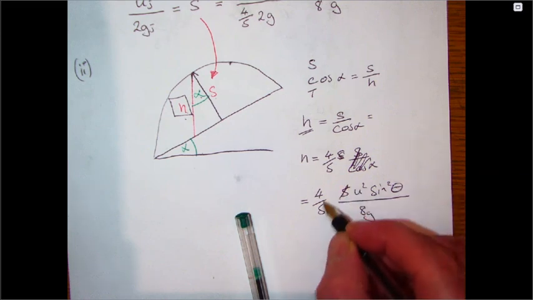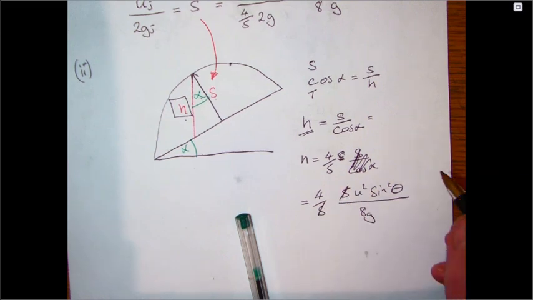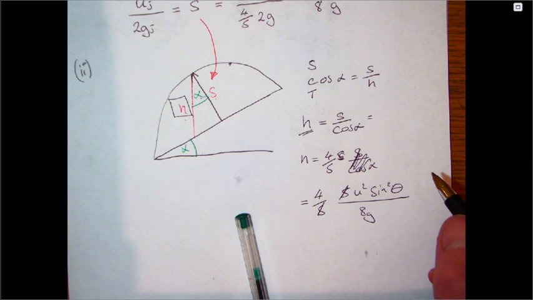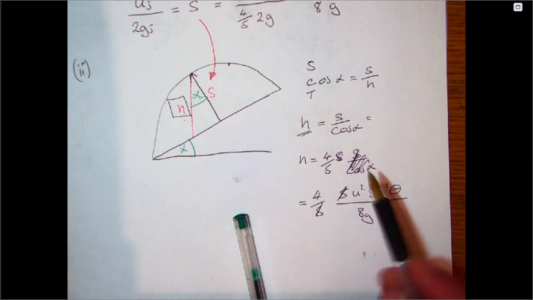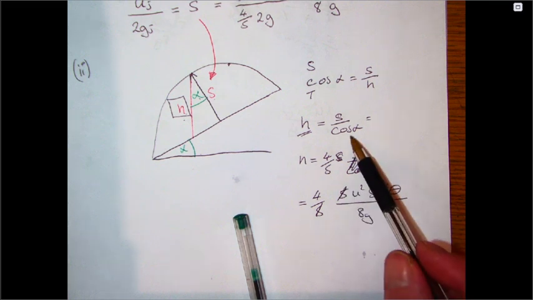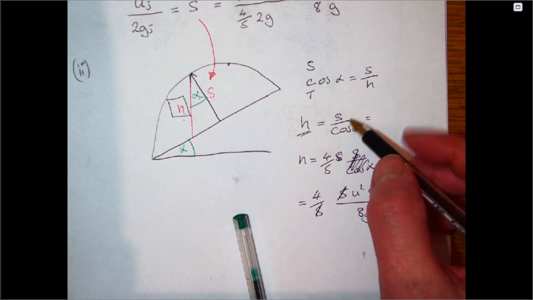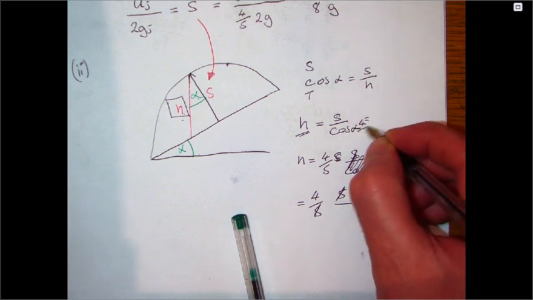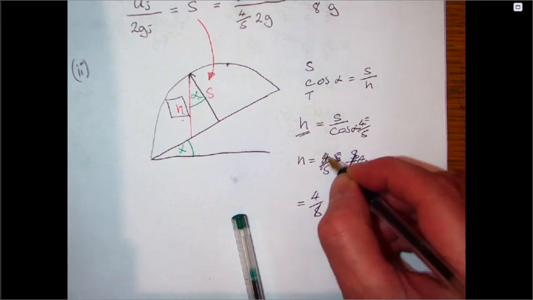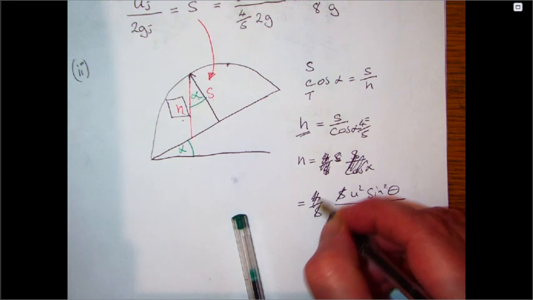That cancels with that. Doesn't make any sense. Hang on a second. Clown head. That's divided by 4/5, so it's multiplied by 5/4.